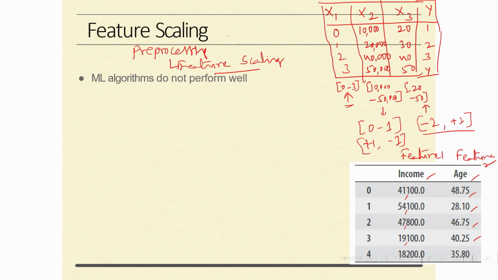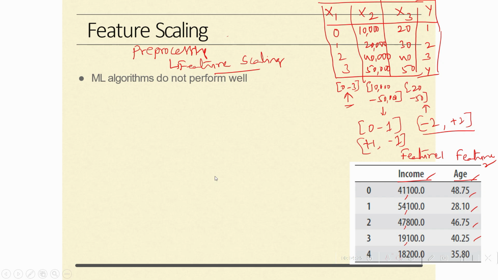We will see the step by step process here. For example, this is our data set, an income data set. In the income data, we have an income feature and an age field. Income has a different range of values and age contains a different range of values. If you apply a machine learning algorithm, this data set is unable to perform very well. So in order to avoid that, we apply feature scaling.